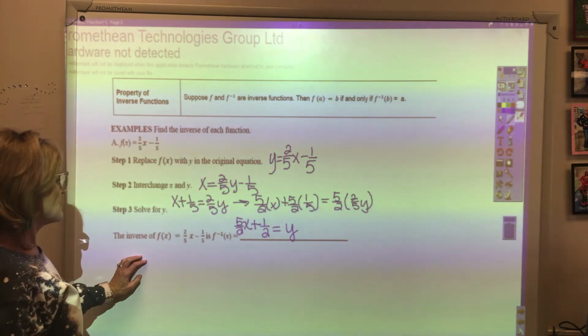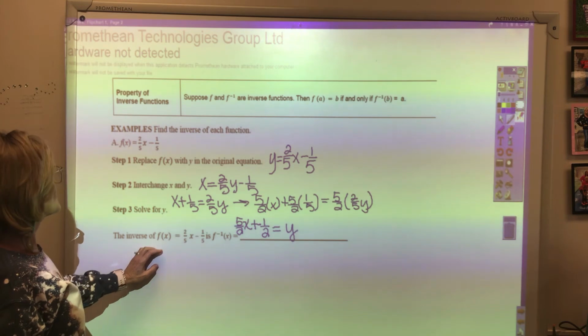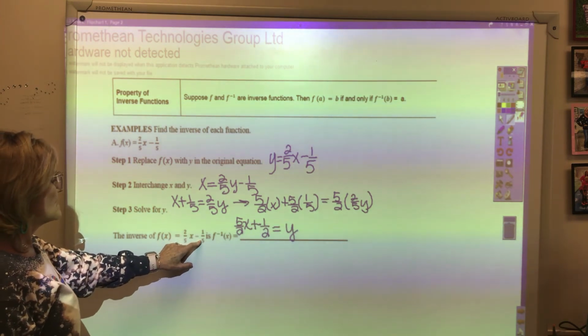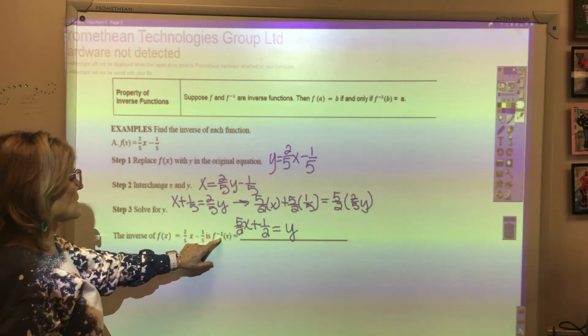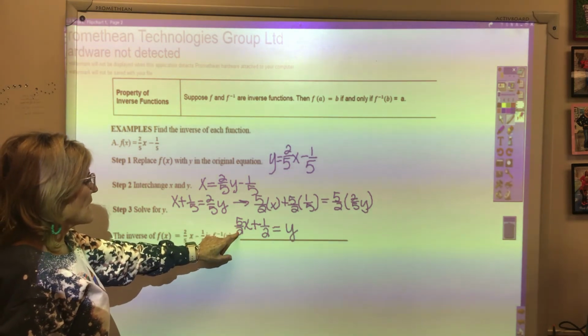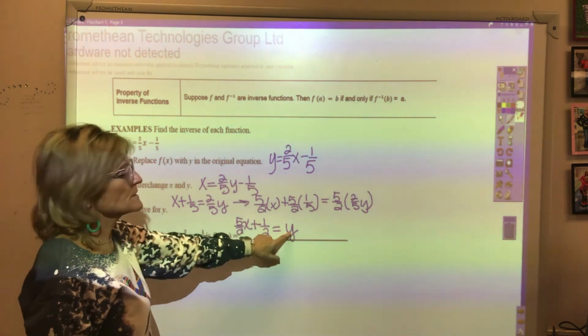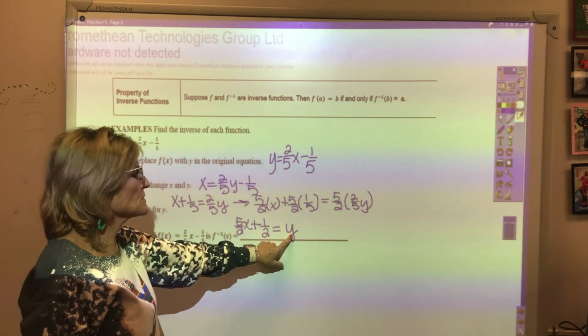So that equals our f inverse. So 2/5 x minus 1/5 has the inverse of 5/2 x plus 1/2. That gives us our y, or our inverse.